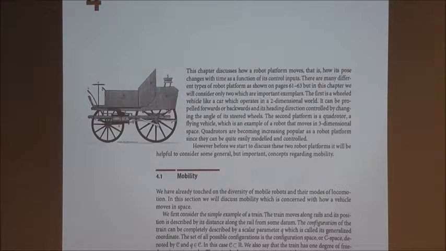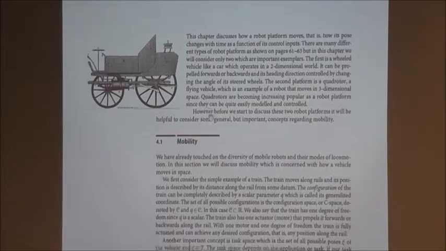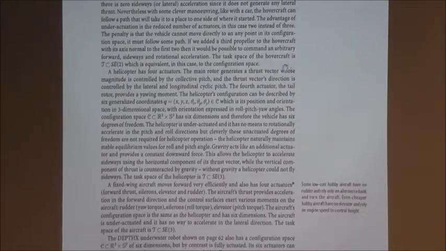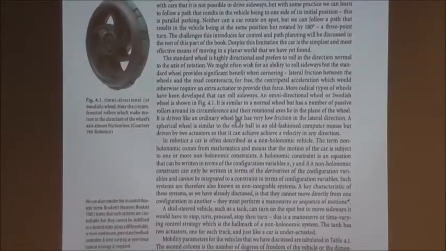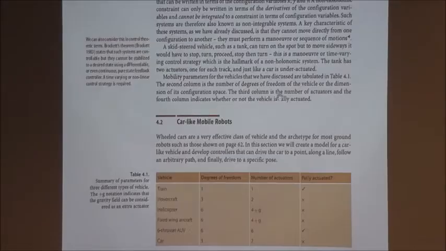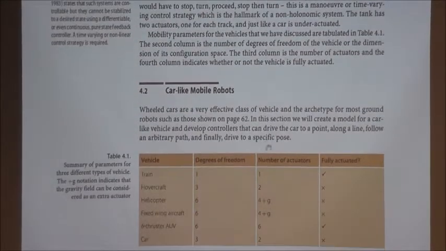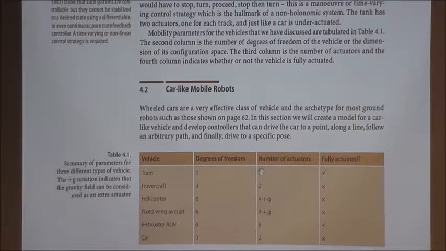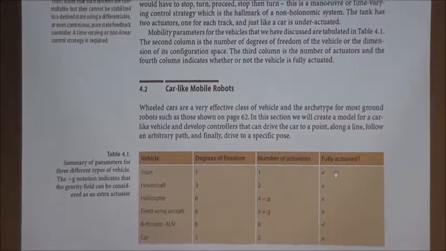It's front wheel drive, the one that you are pedaling yourself, and the rear wheel is just following that. First of all, let me just show you what we just said about car-like mobile robots. A train has 1 degree of freedom, one actuator, and is so-called fully actuated.